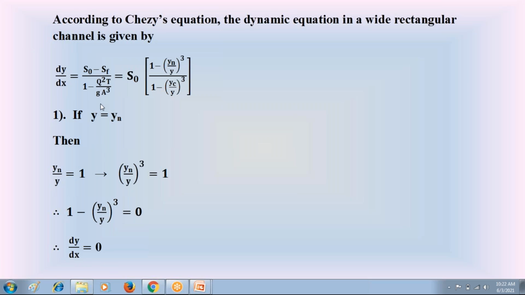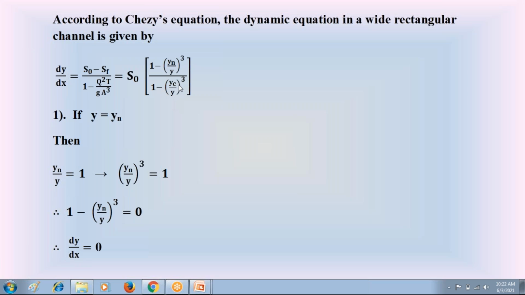First consider the dynamic equation of gradually varied flow according to Chezy's equation. We know that according to Chezy's equation, the dynamic equation of gradually varied flow for a wide rectangular channel is dy by dx equal to S0 into 1 minus (yn by y) whole cube divided by 1 minus (yc by y) whole cube.